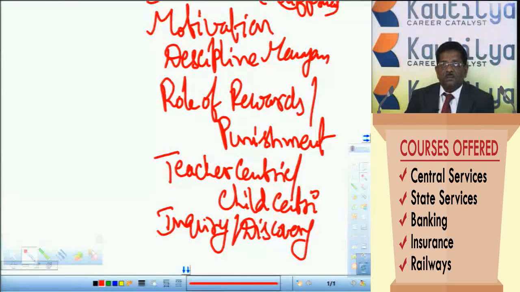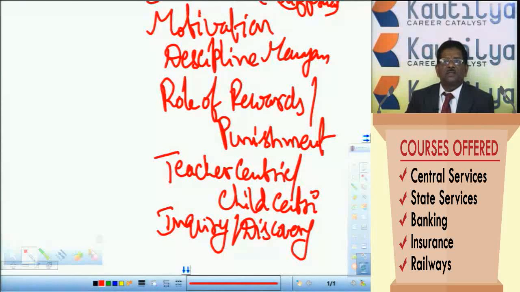In the same fashion, classroom management also includes the study habits of the learner. Which style of learning process should be encouraged, whether self-learning or group learning, cooperative learning, collaborative learning. So these are the four areas through which the child can acquire knowledge: self-learning, that is individualized learning, and group learning.